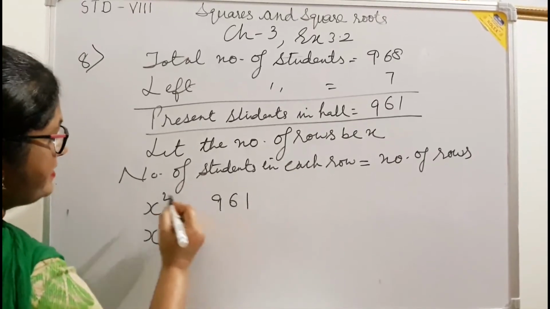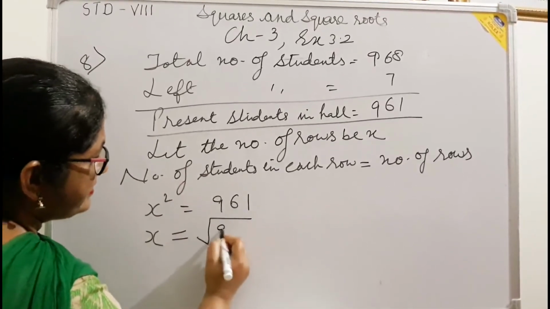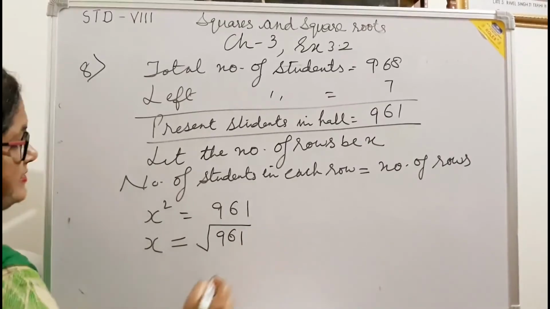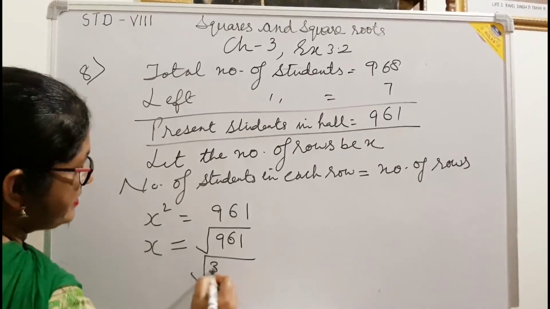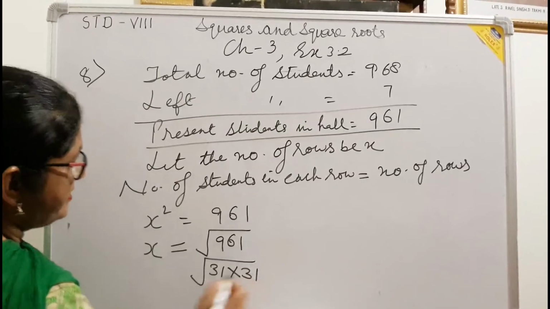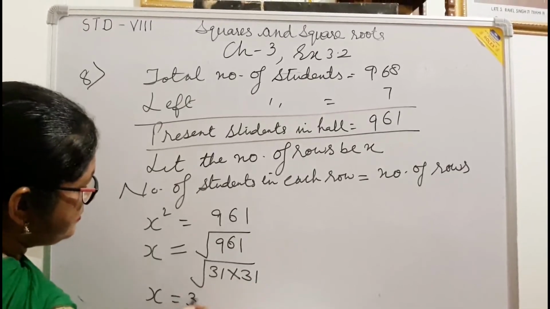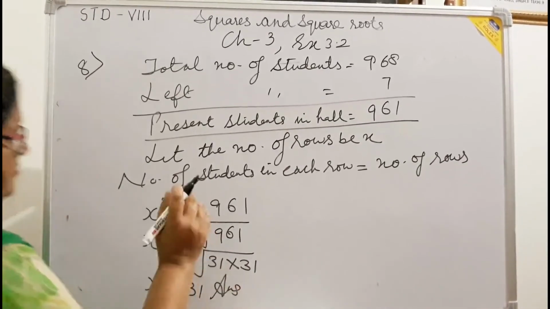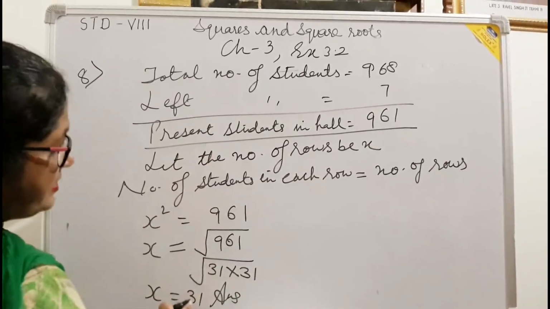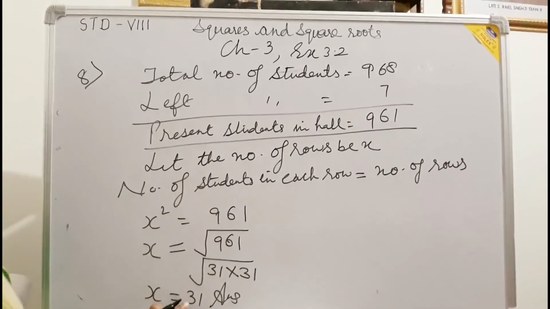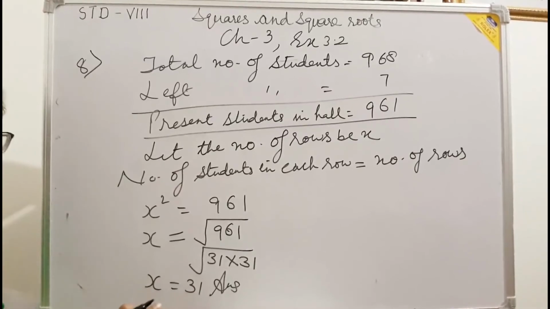Means 961 on this side is square, and on the right side 961 means 31 multiply 31. x is equal to 31, the answer. Means in each row there are 31 students and the number of rows is also 31. Yes students.